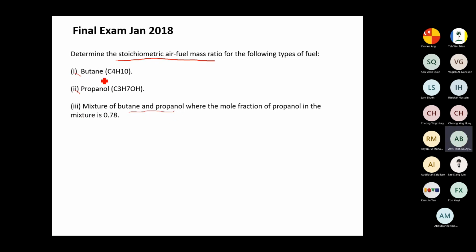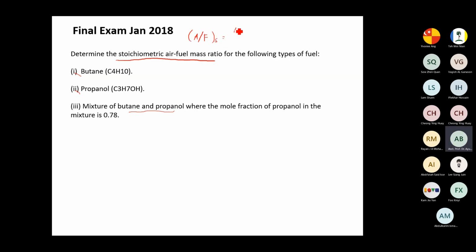When you have a single fuel, it is easy to calculate. But if you have a mixture of fuel, you need to know how to combine them, in order to find the stoic air fuel mass ratio, the AF stoic.